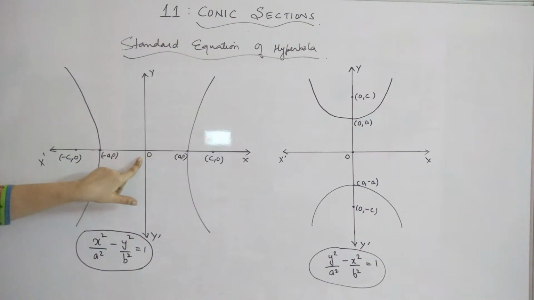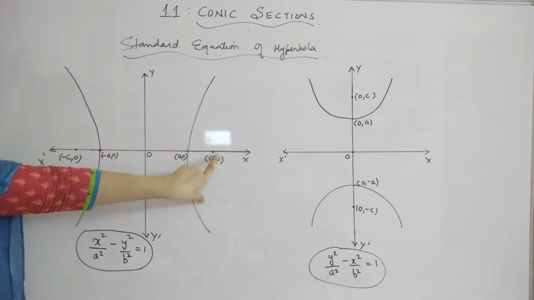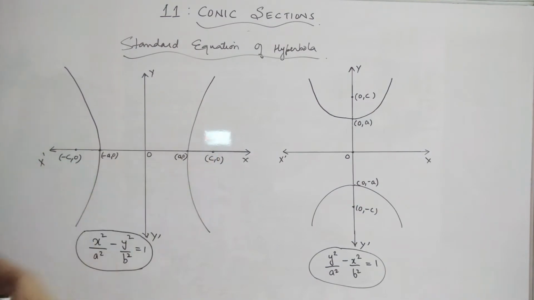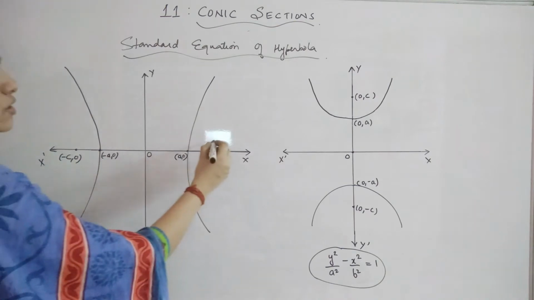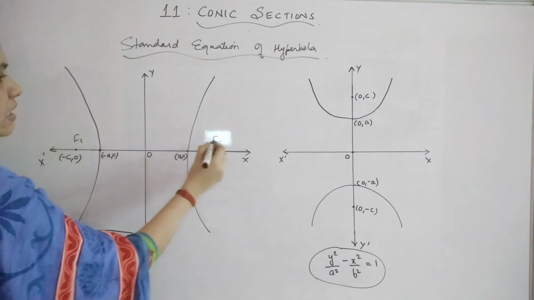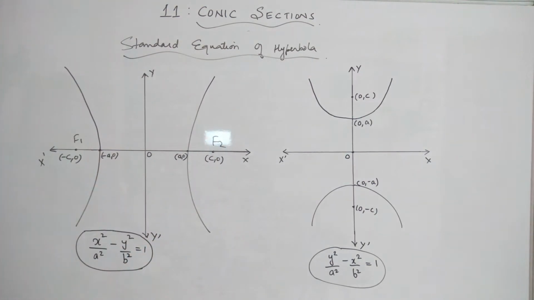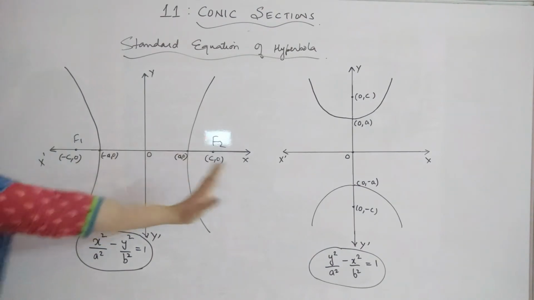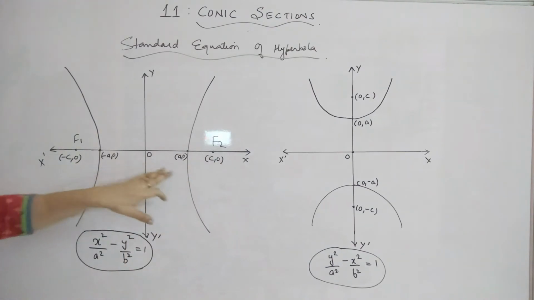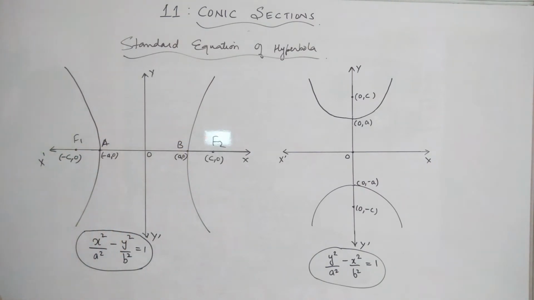This is the center, 0 0. Again it is the positive x axis. So here the coordinates of the foci will be c comma 0. Suppose this is your F1, this is F2. So F2 and F1 have the coordinates c comma 0 and minus c comma 0. Now the vertices, if this is A and this is B, the coordinates of A and B will be a comma 0 and minus a comma 0.